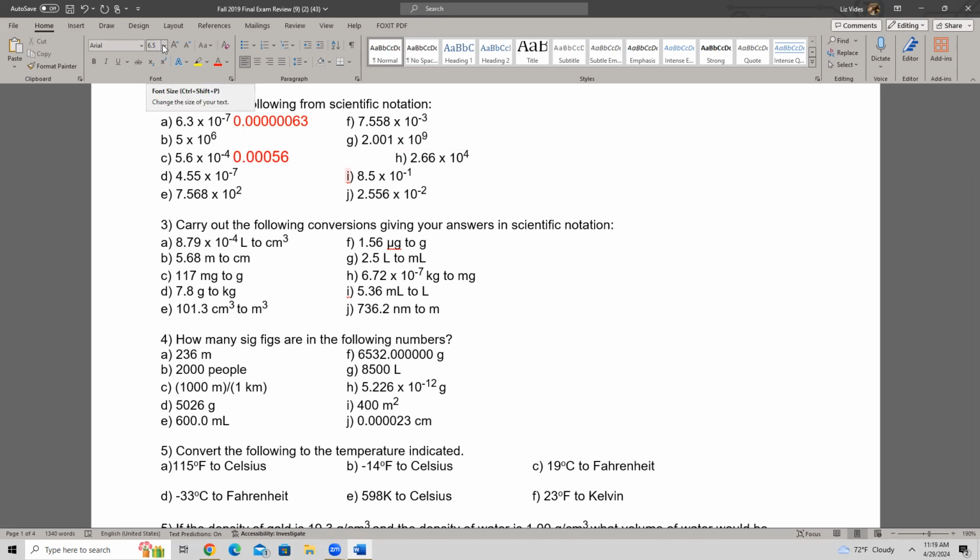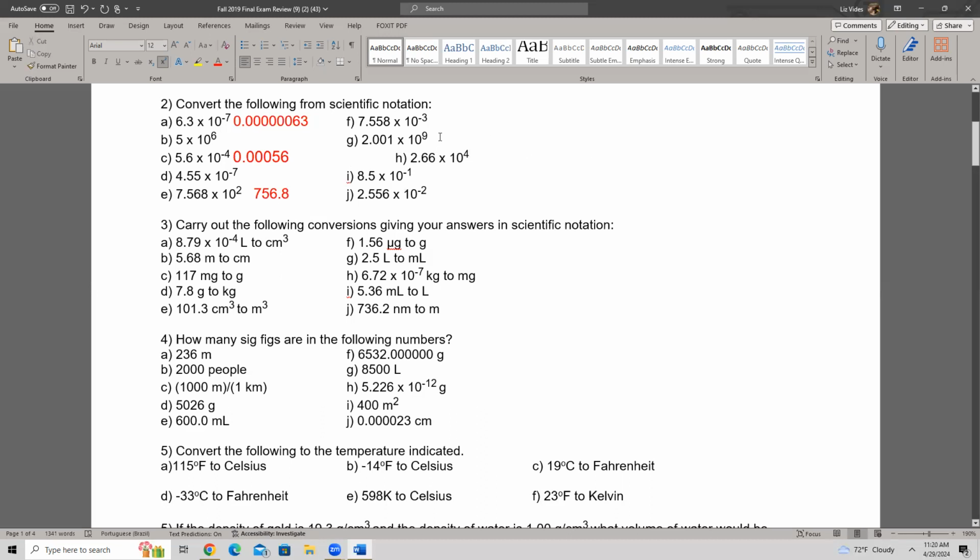You notice that is a positive direction, which means that your number is more than 1. So you're going to move it 2 times. So it's 756.8. That's how you started with this one.